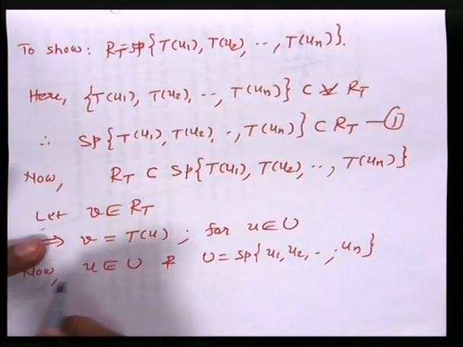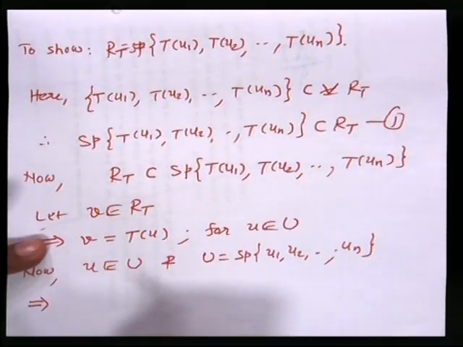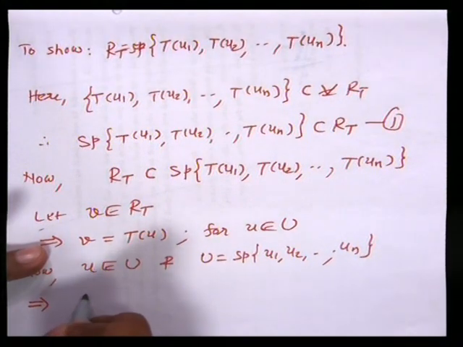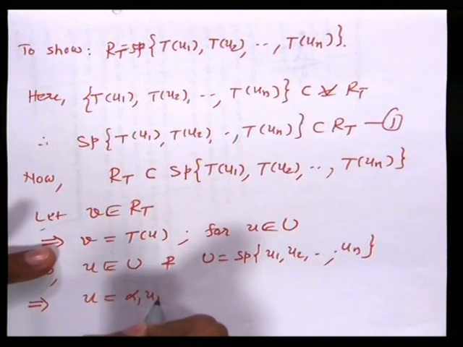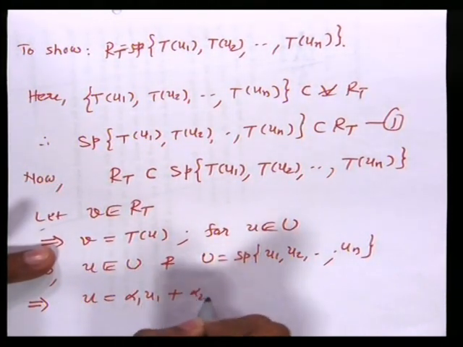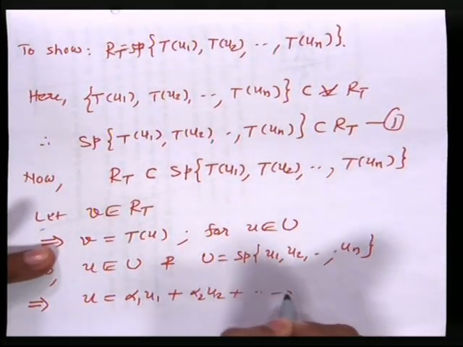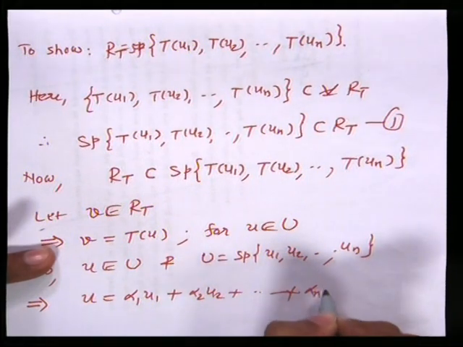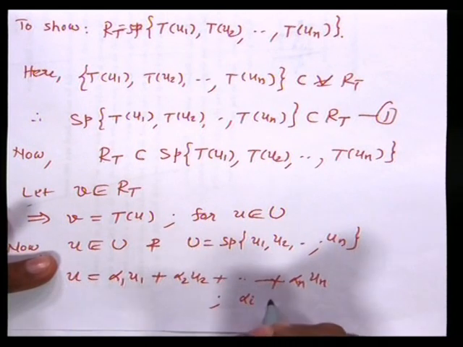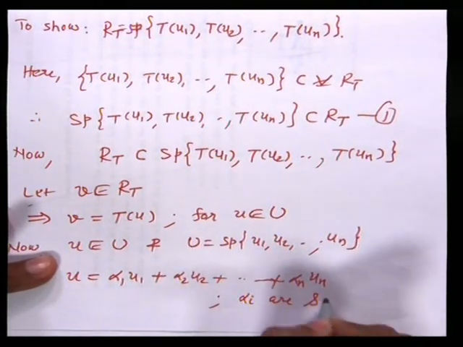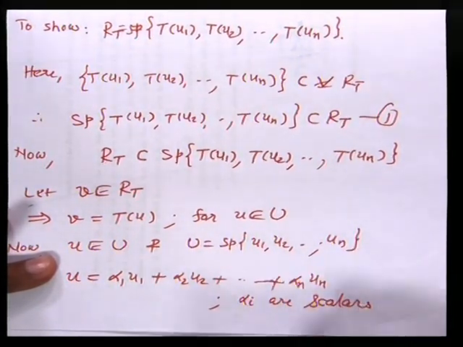So we can have scalars alpha 1, alpha 2 up to alpha n, so that we can write u as the linear combination of the vectors u1, u2 up to un, where the alpha i's are scalars.